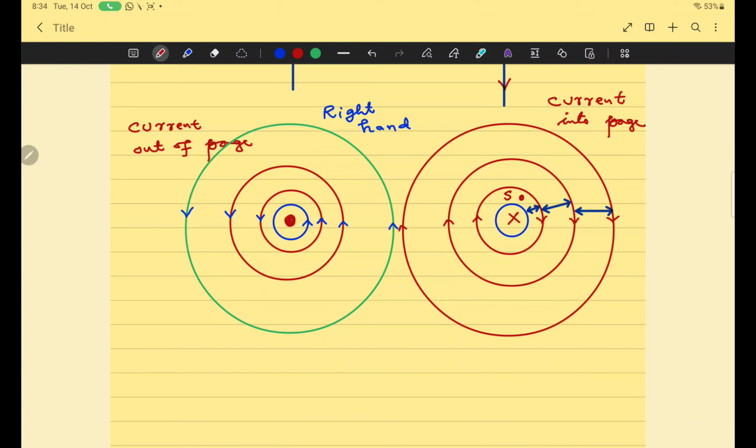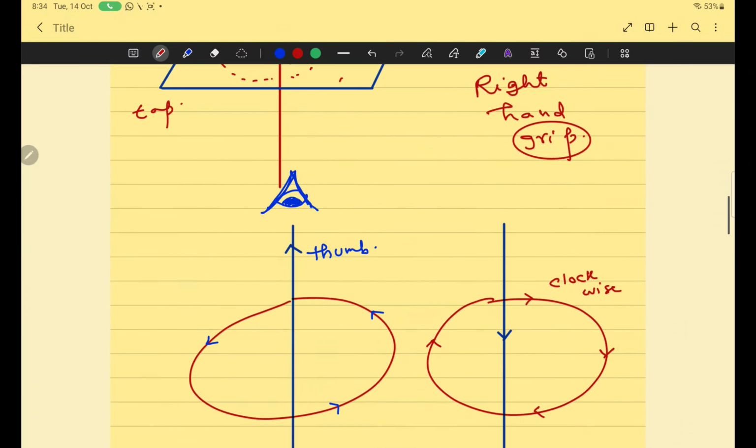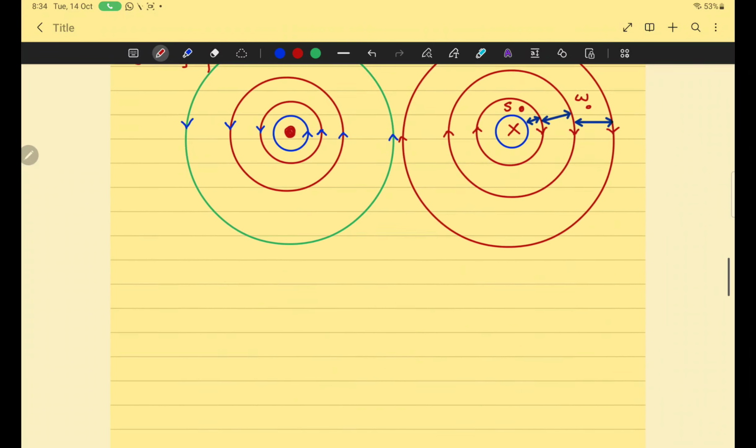But here, the gap between the magnetic field lines is large, so the magnetic field is weaker. So the magnetic field is weaker as we move away from the wire.